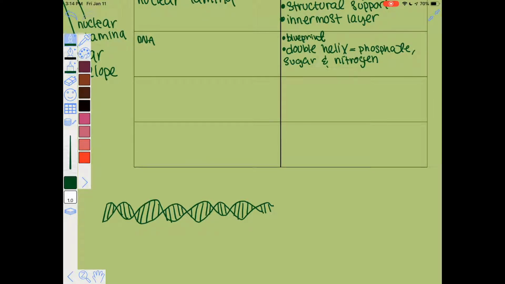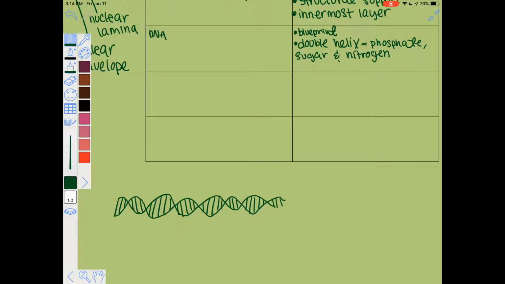Now, it's important to note what DNA actually stands for. DNA stands for deoxyribonucleic acid. And so the deoxyribo is saying that there is no oxygen, or deoxyribo is the name of the sugar, so no oxygen in the sugar.